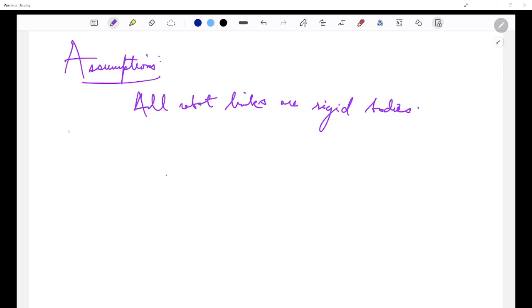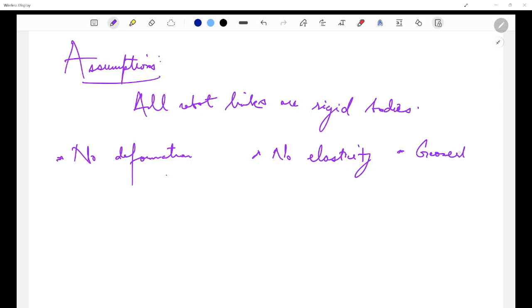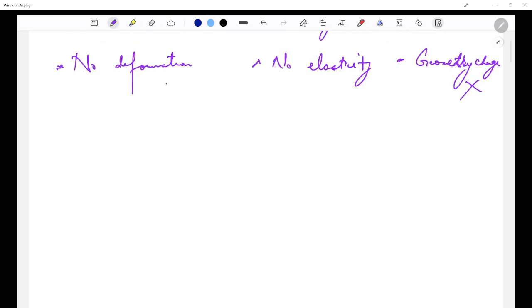This means that we don't have any deformation, we don't have any elasticity, and geometry does not change during the motion. Okay, so this simplifies the analysis.